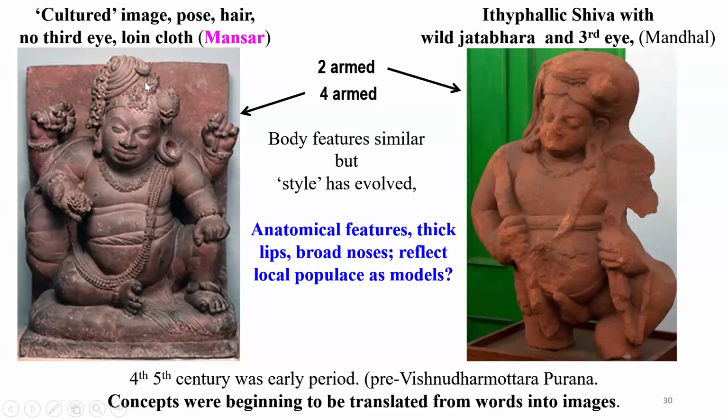He has that crescent moon and all these. So this was before the Vishnu Dharmottara Purana period, but even there, being in a Nagara society, literate society, literate in the sense at least a few of them could read Sanskrit, but this was the regular autochthon society.